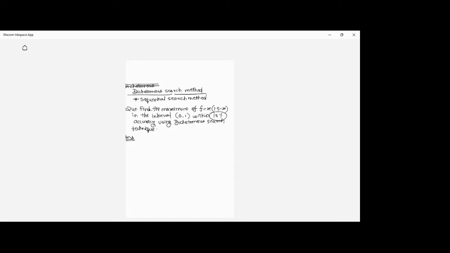Now, according to this, we have an interval 0 and 1, right? And in 0 and 1 we have to settle down to a particular point which will give us the maximum value of the given function. There are multiple points between 0 and 1, and somewhere we'll have to start, and then only can we check whether that particular point gives the maximum value or not.